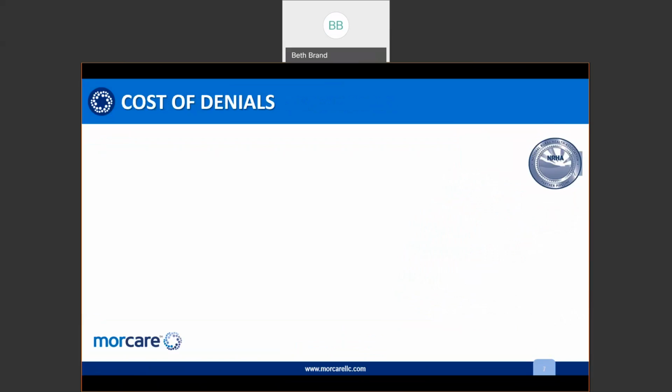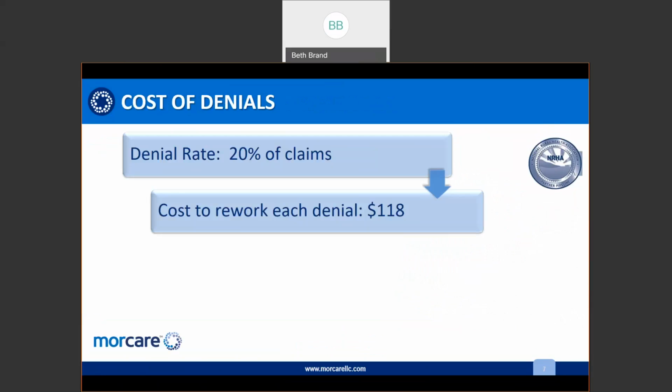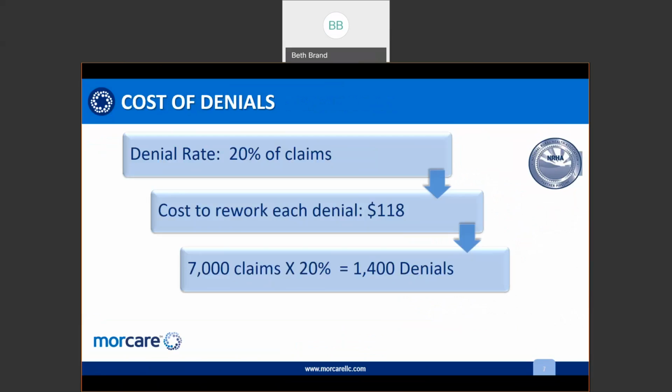Let's think about that. Let's just take as an example. Let's say that at your hospital you experience a denial rate of approximately 20% of the claims submitted. And if the cost, as we have seen, to rework or to manage each of those denials is $118, then on average, let's say that your hospital submits 7,000 claims a year and 20% of those are denied, that results in 1,400 denials.